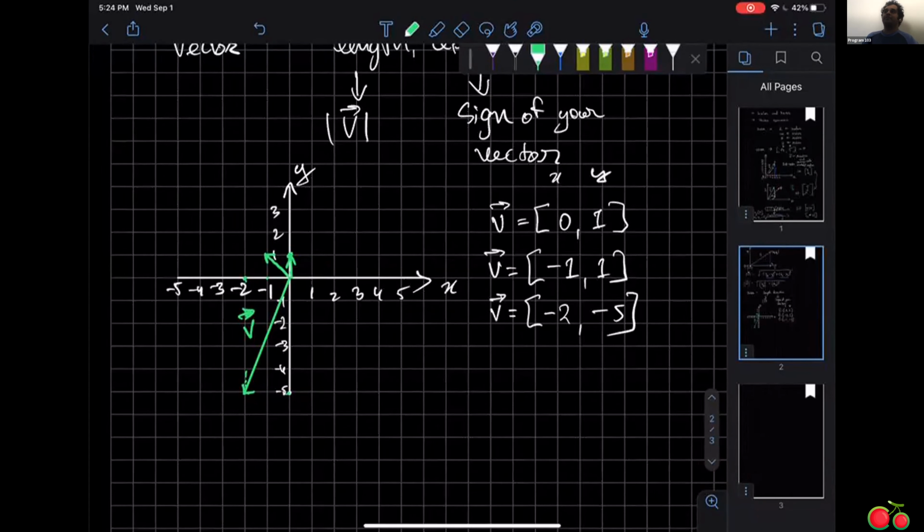So when you think about vectors, the point is the coordinates of the point, the signs of the point are giving you the direction, and these values, when you calculate the magnitude, are giving you the length of the vector. Okay. Does that help?